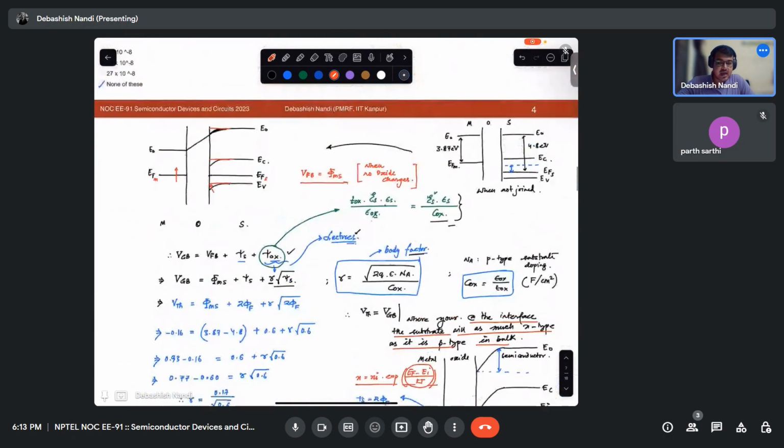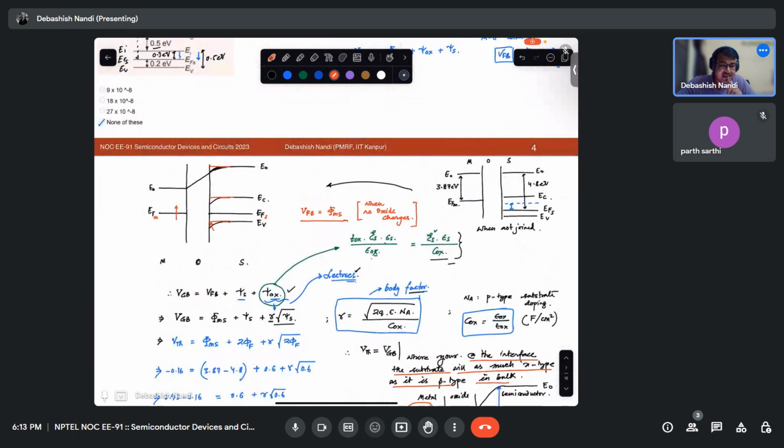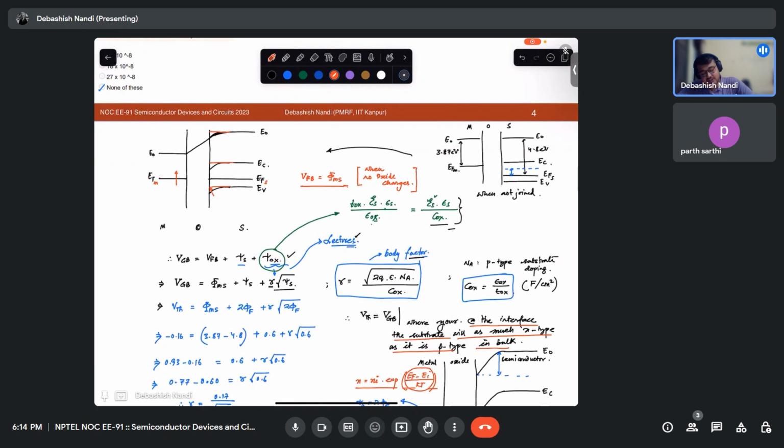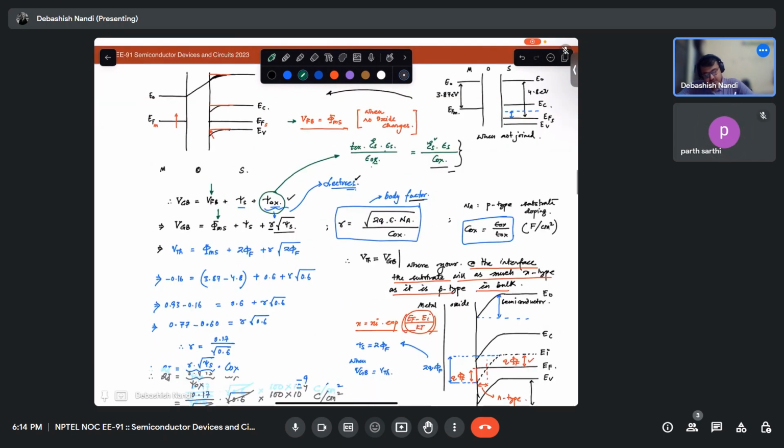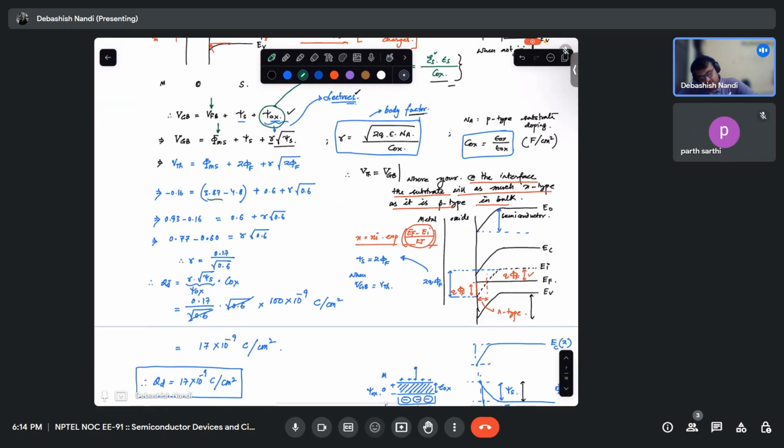I know that I have calculated it, because VFB you need to calculate, right? So please try to follow the process carefully.